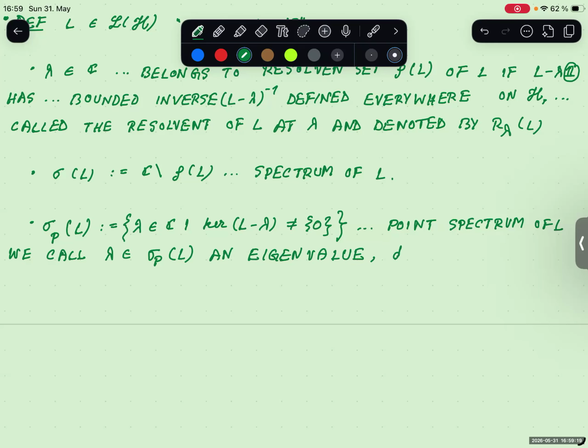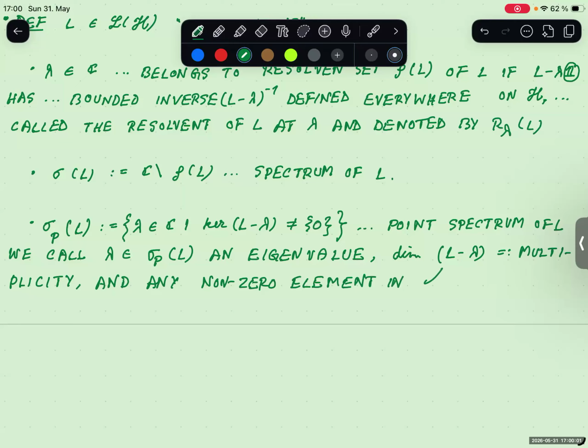The dimension of the null space of L minus lambda is called multiplicity, and any non-zero element in this space is called an eigenvector of L at lambda. Okay, and our time is over.